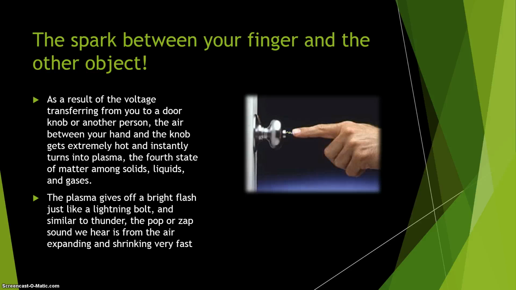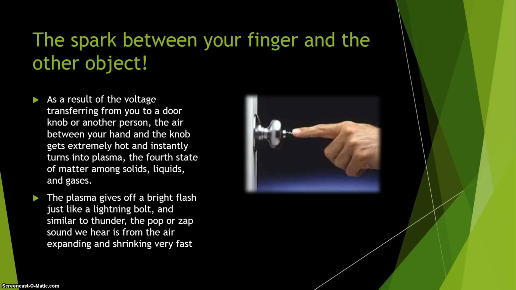But as a result of the voltage, or electrons transferring from you to a doorknob or another person, the air between your hand and the knob gets extremely hot and instantly turns into plasma for a short period of time, of course. And plasma is the fourth state of matter among solids, liquids, and gases.